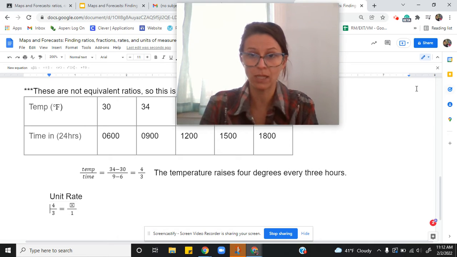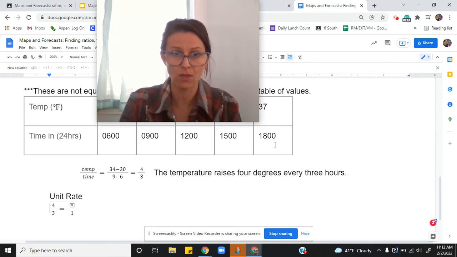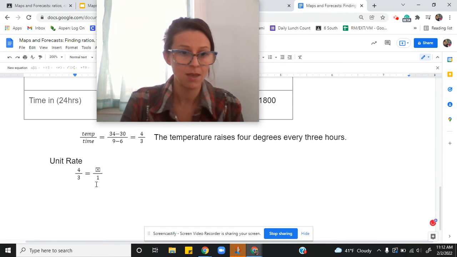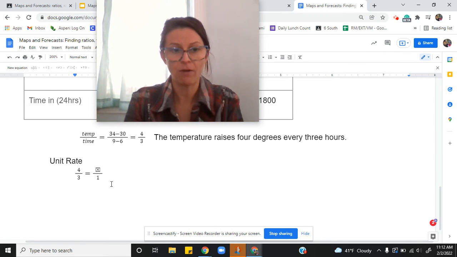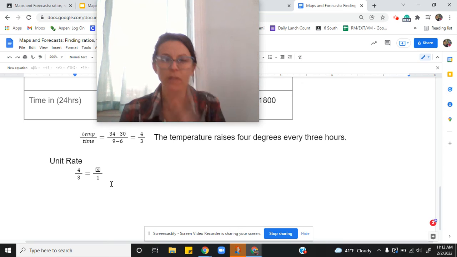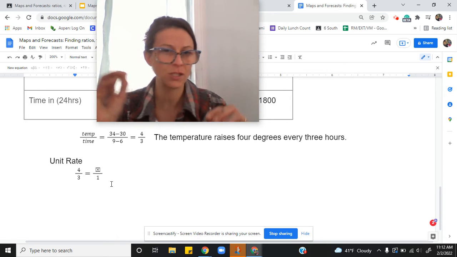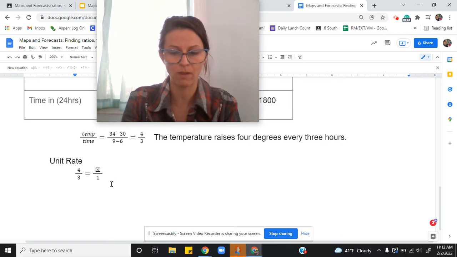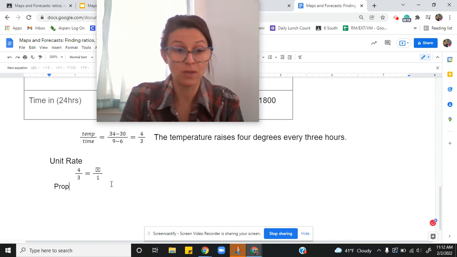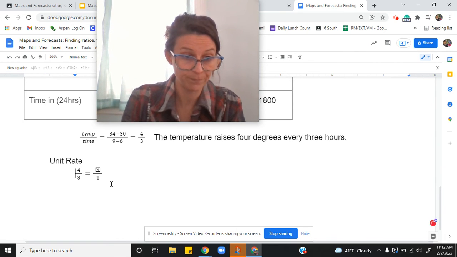Okay, so let's go through a couple methods, strategies, structures you can use to start thinking about equivalent fractions, equivalent ratios, proportions, unit rates, all of this. It's all associated, but we have different words for different things. So this is using a proportion.